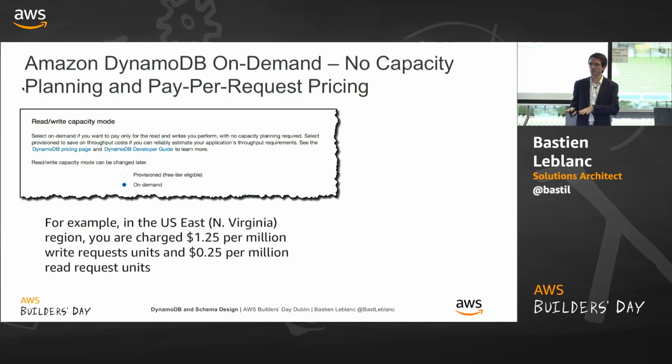Or you don't know what's going to be your requirements on read and write, and you have this very nice and easy button called On Demand. That means that we will do everything for adapting the capacity based on your requests. So you only pay for what you use.